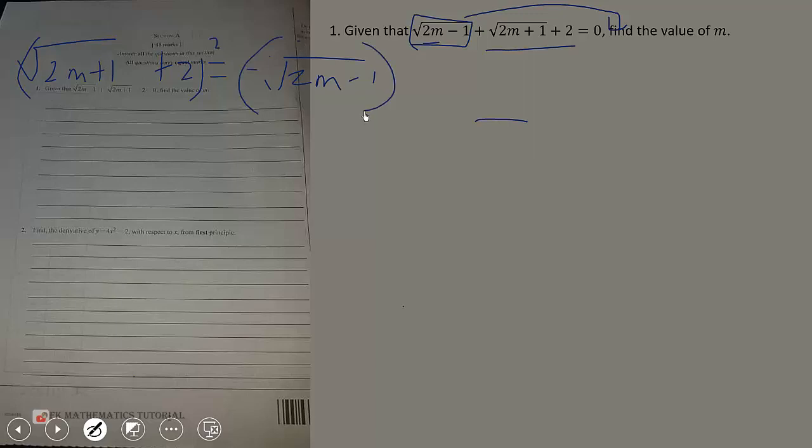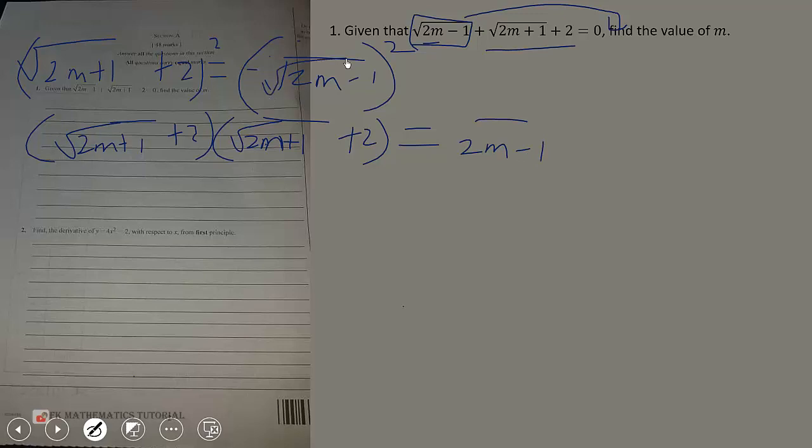So I can now square both sides. Squaring both sides, this on the left will have something like this: square root of 2m plus 1 plus 2, all squared, is equal to, on the right hand side, 2m minus 1, because when you square the negative it becomes positive.